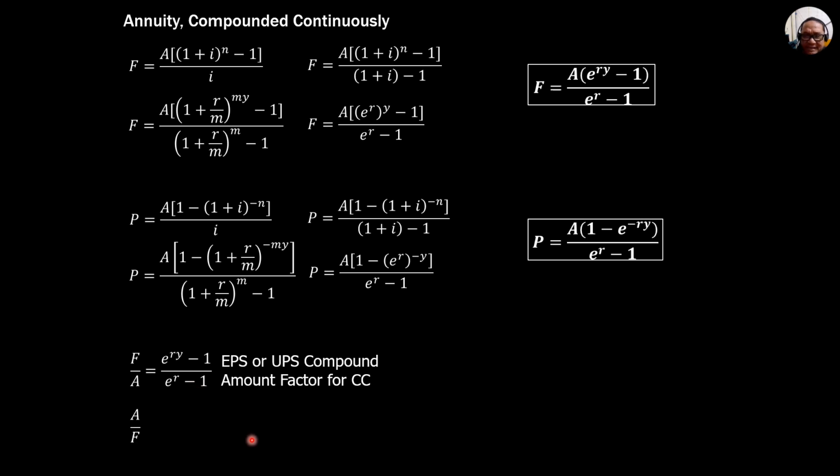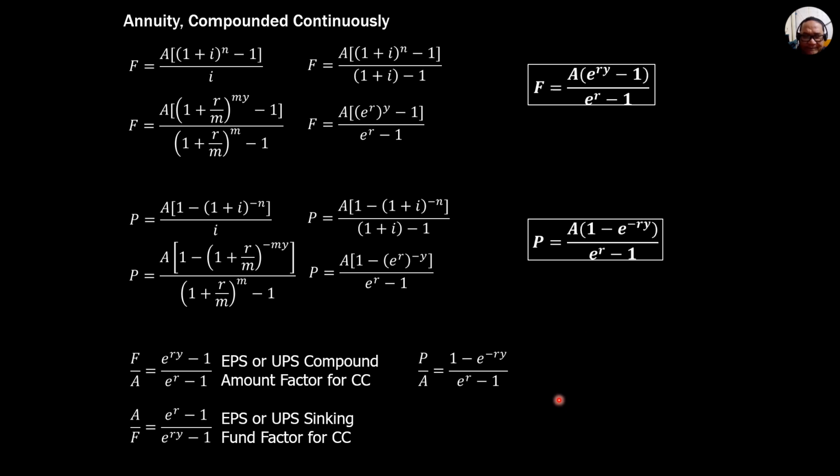Then A over F, the sinking fund factor, is e to the r minus 1 over e to the ry minus 1. This is the reciprocal, the equal payment series or uniform payment series sinking fund factor. P over A is the equal payment series or uniform payment series present worth factor, which is equal to 1 minus e to the negative ry over e to the r minus 1.